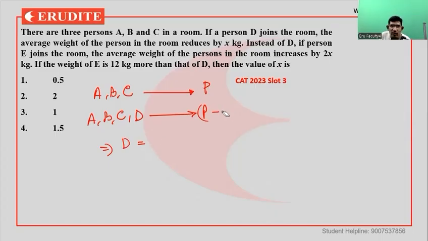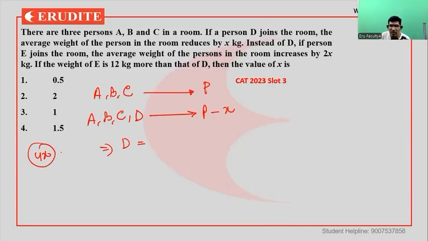See, if the value of D was P, then there would be no change in average. But the average has decreased by x. Now, the average of four people decreased by x. That means the actual numerical decrease in total will be 4x, because four people's average was decreased by x.